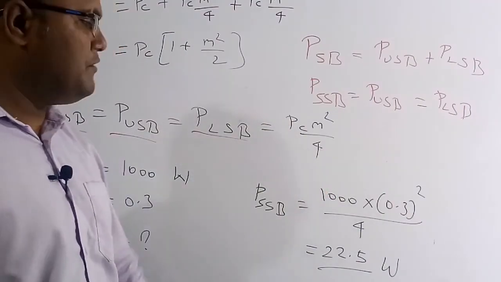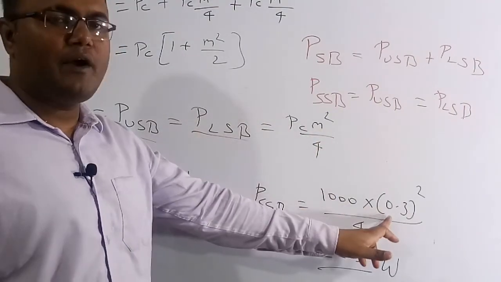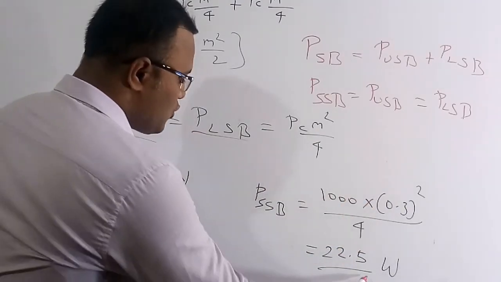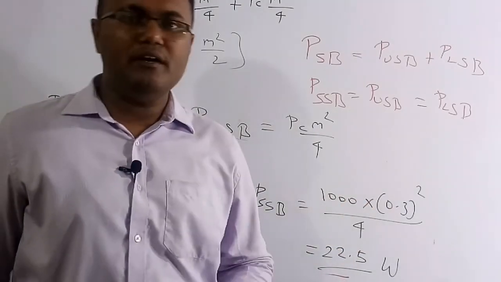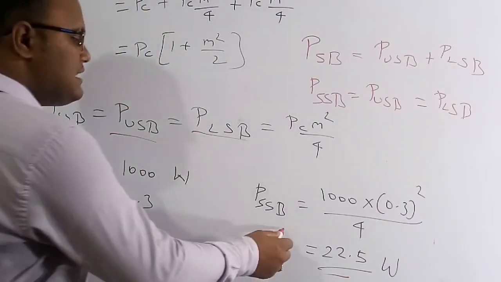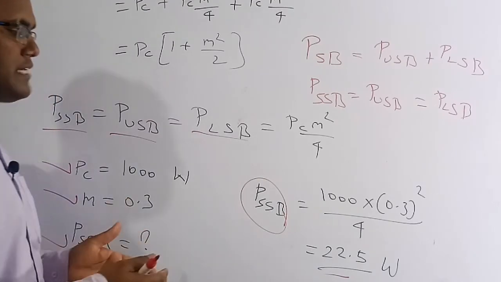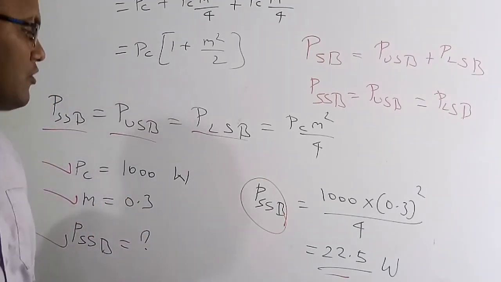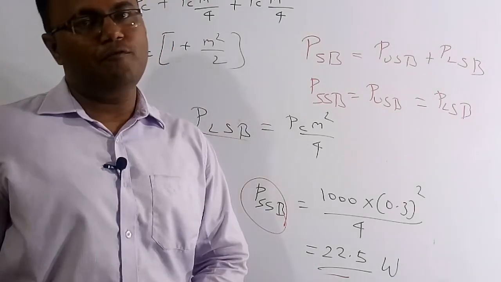PC we know is 1000 watt and m is 0.3 whole square, divided by 4. If you solve this equation, we are going to get 22.5 watt of power, which is carried by a single sideband, means the upper sideband and the lower sideband each individually carry a power of 22.5 watt.